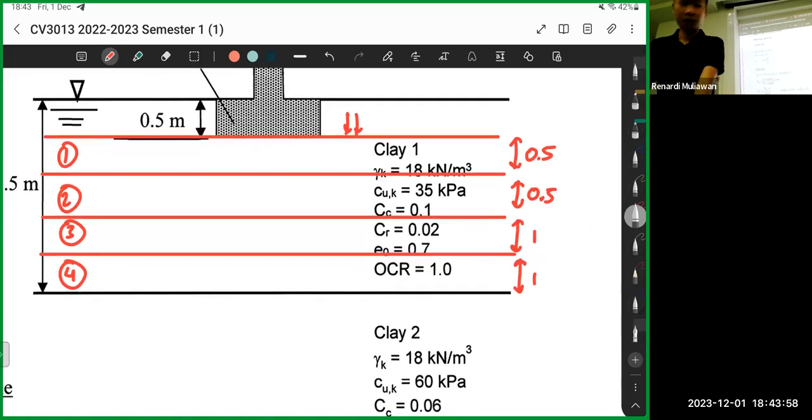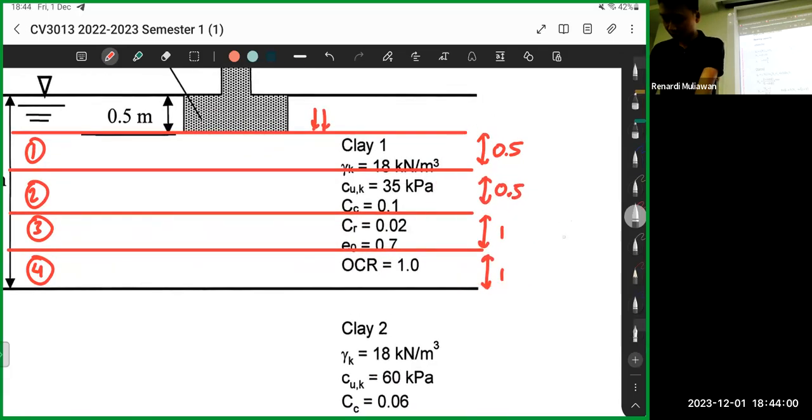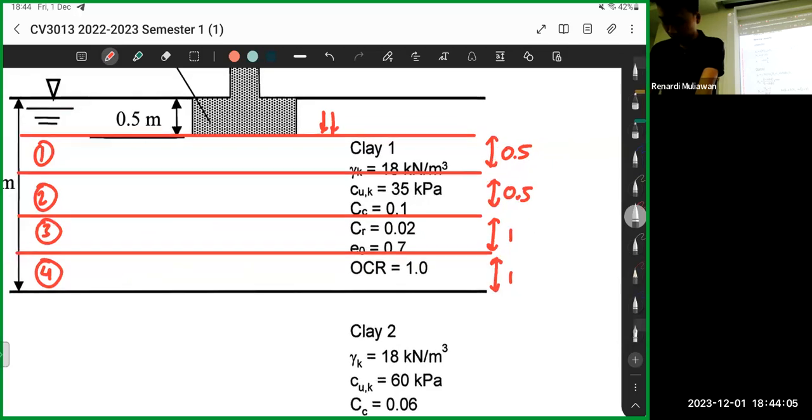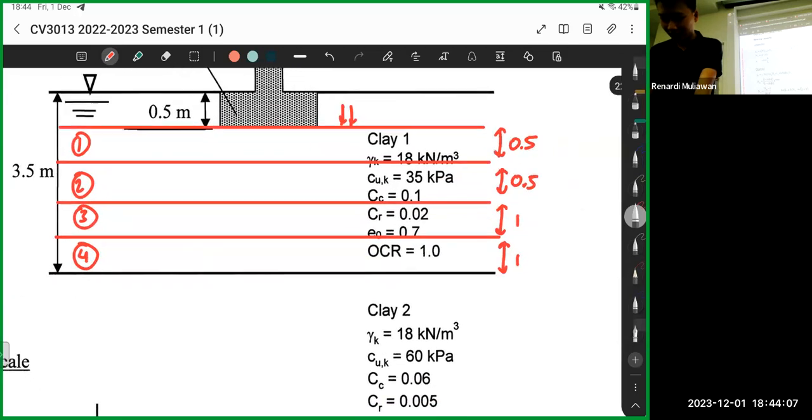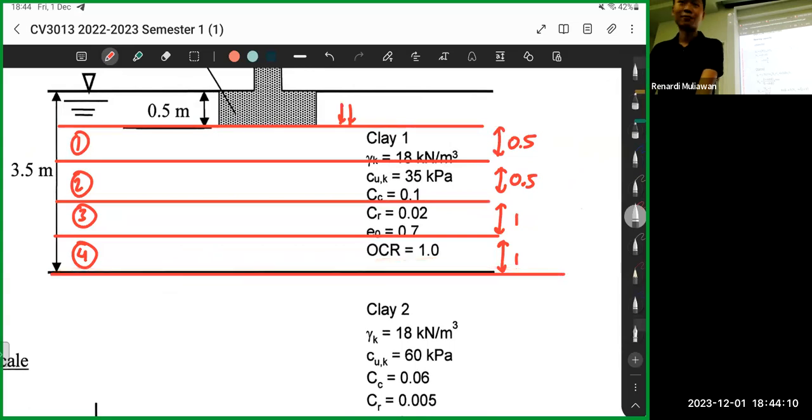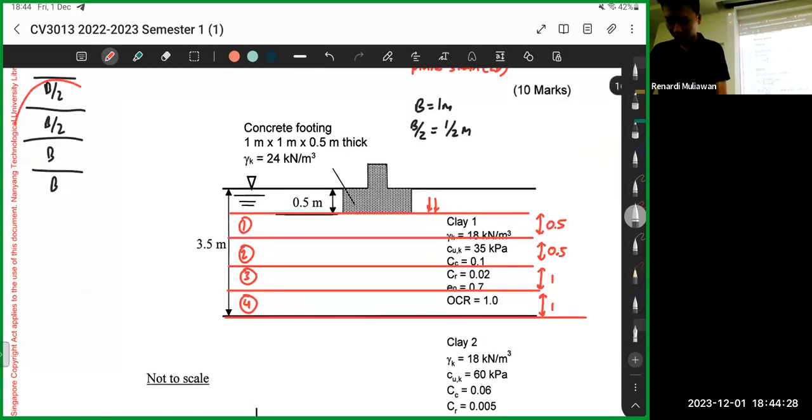If you calculate the depth, right, it's 0.5 plus 1 plus 1 plus 2, so that's 3.5, right? So that's actually exactly at the bottom. It's exactly at the border. So basically, what we're saying is we're only calculating the consolidation of clay 1. Okay, clay 2, it's outside the range of the zone of influence already. Okay, because the recommendation is this one: B/2, B/2, B and B. Okay.